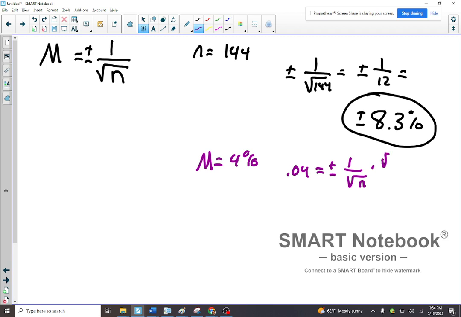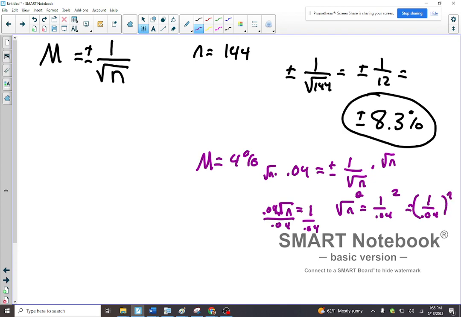So I'm going to multiply by square root n on both sides. So 0.04 times the square root of n equals 1. Then I'm going to divide by 0.04 on both sides. So the square root n equals 1 divided by 0.04. And then I'm going to square both sides.